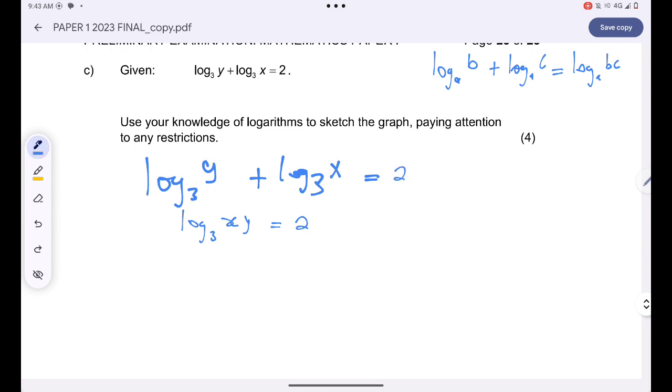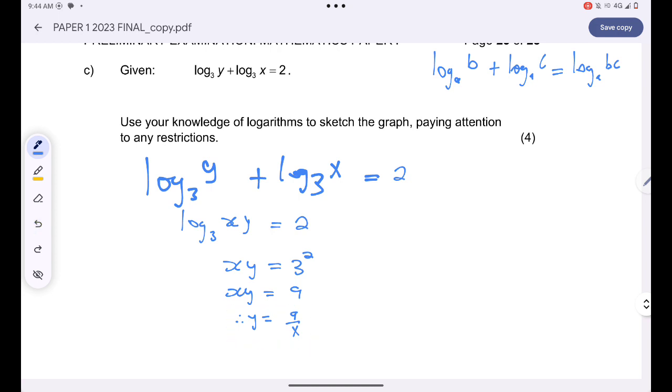Are you together? I can simply remove this logarithm of mine by simply making the 3 the base on the other side. I'll end up having xy is equal to 3 to the power 2, and hence xy is equal to 9. Therefore y is just equal to 9 over x. Are you together? This kind of a graph, guys, is called the hyperbola.